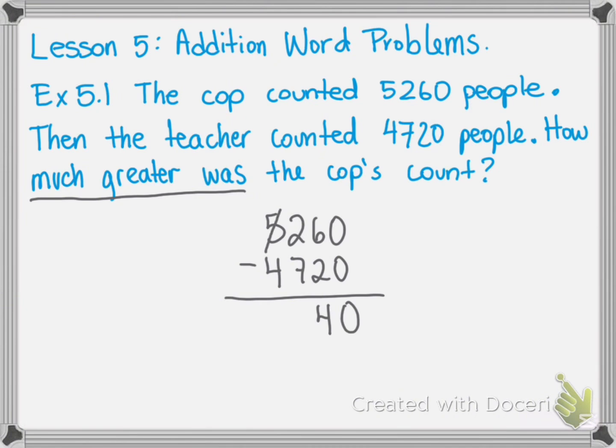And the way you do that is you cross the 5, take away 1, so now it's a 4, and you pass that 1 to the other number. So now instead of 2 it is 12. 12 minus 7 is 5, and 4 minus 4 is 1. So 540 is the difference between the two numbers that they counted.